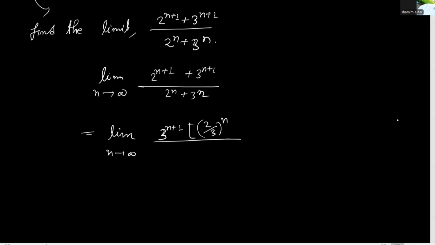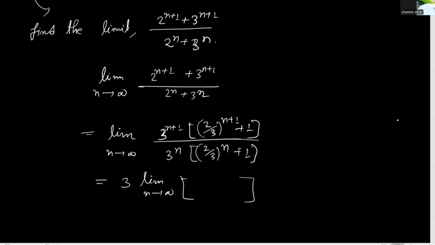The terms (2/3)^(n+1) and (2/3)^n tend to 0, so this is 3 into (0+1) by (0+1), that is equal to 3.